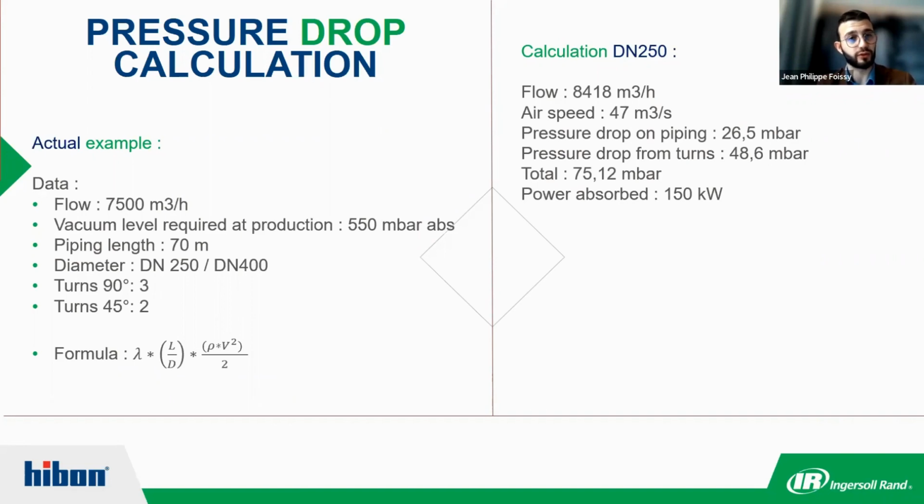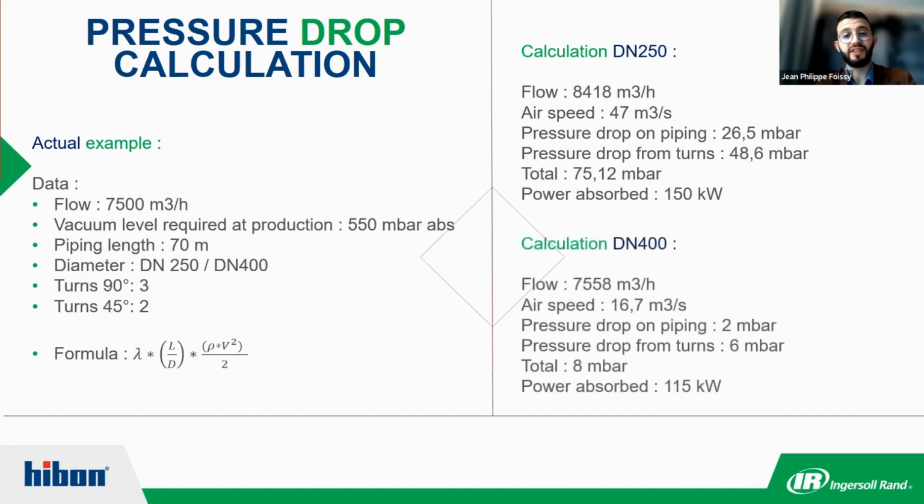We have a total pressure drop of 75 millibar. That means for the same job, once again, for the same mass flow, we need to increase the flow to 8,400, and we have a power absorbed of 150 kilowatts.